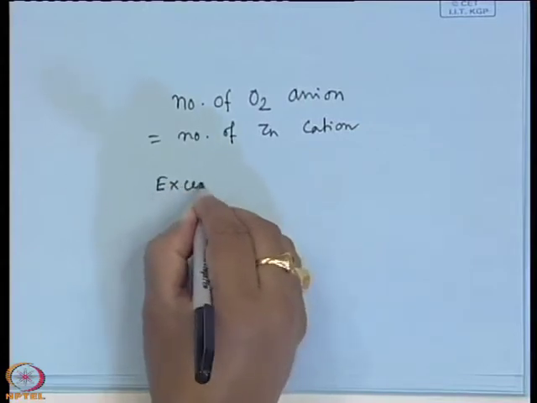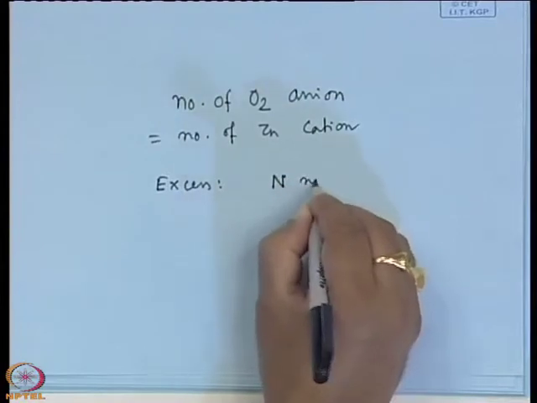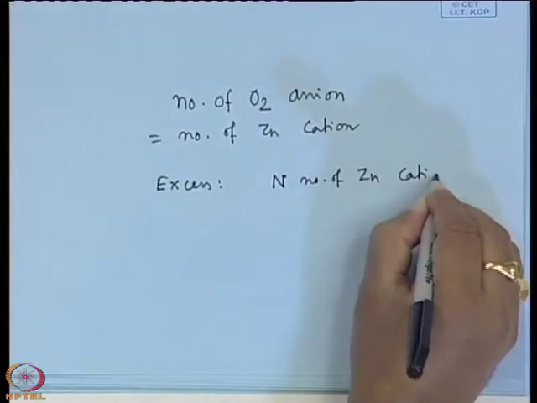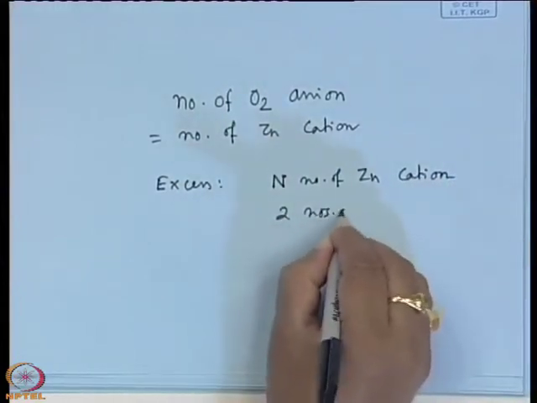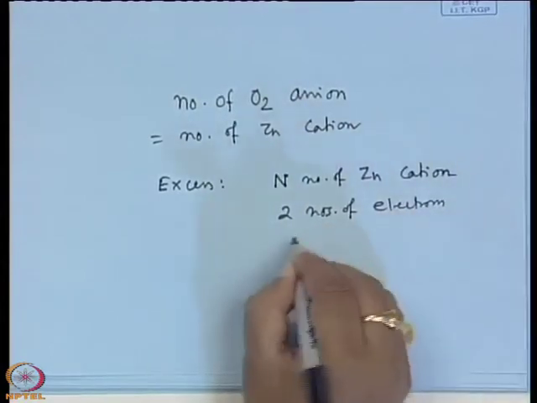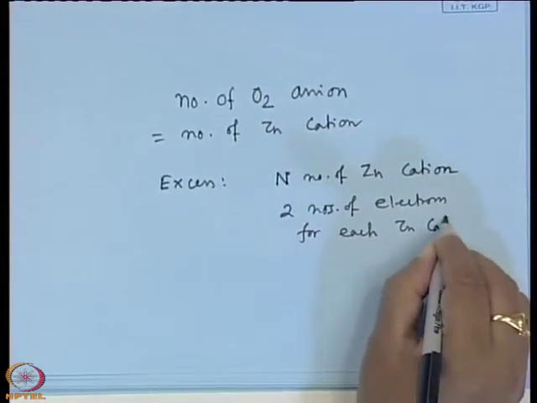Excess, say n number of zinc cations and 2 electrons for each zinc cation.